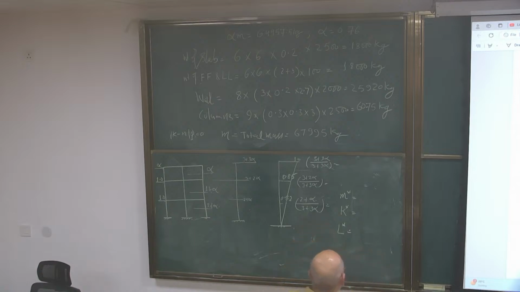Having the mode shape known to you, how do you calculate these things? If it's a small hand solution, this works well. So I give an equation to you.